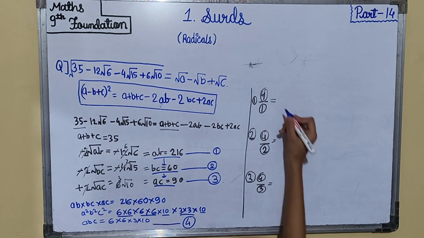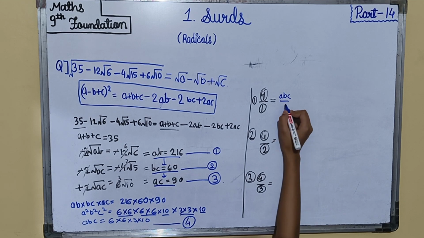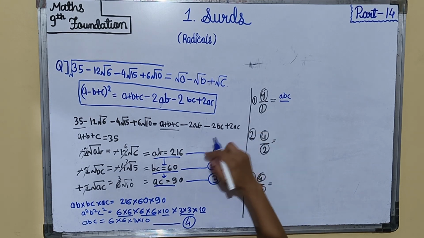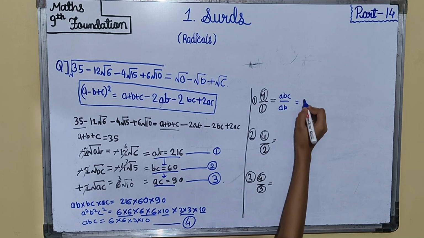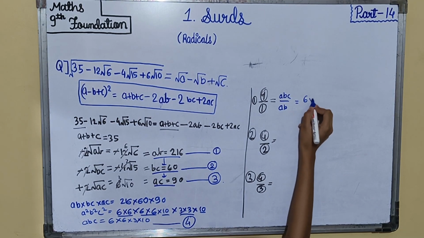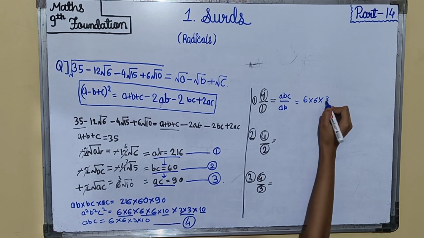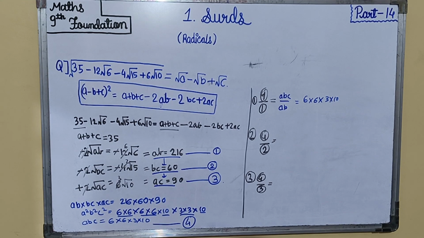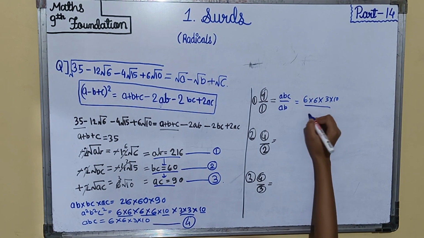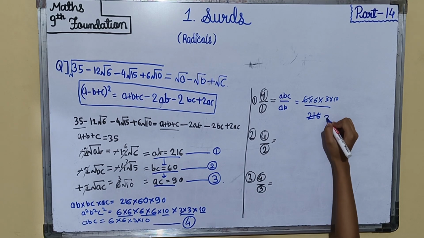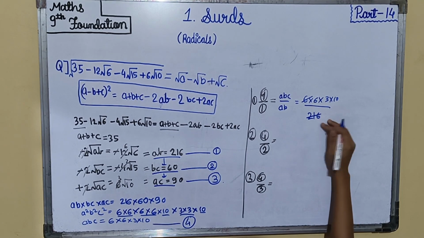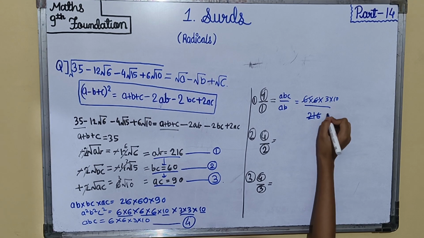So the fourth equation is abc upon the first equation, ab. The value of abc is 6 into 6 into 3 into 10 and ab is 216. 6 ones are 6, 30, 6 and 6 that is 36, and this will become 6.